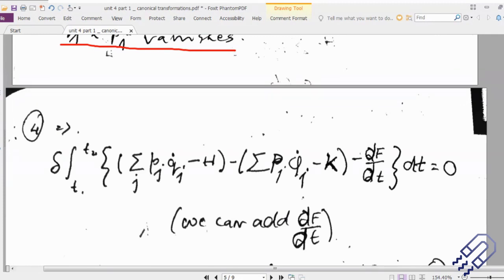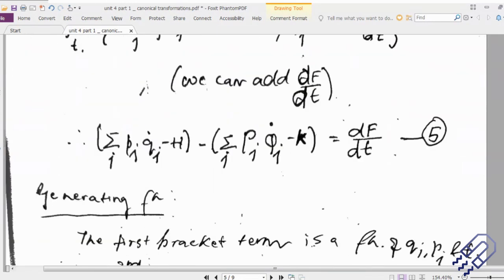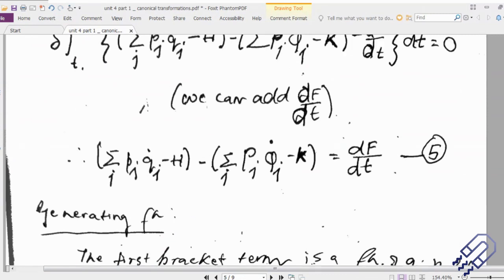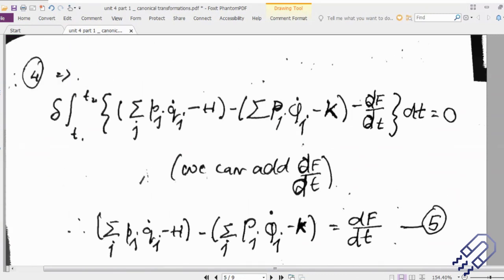I'd like to stop here, because if I continue with this, I have to go to the generating function. But I think I can just explain this. So let's take delta of this minus this, which you have already done. Then I can use this additional term, df by dt, so delta of minus df by dt into dt.